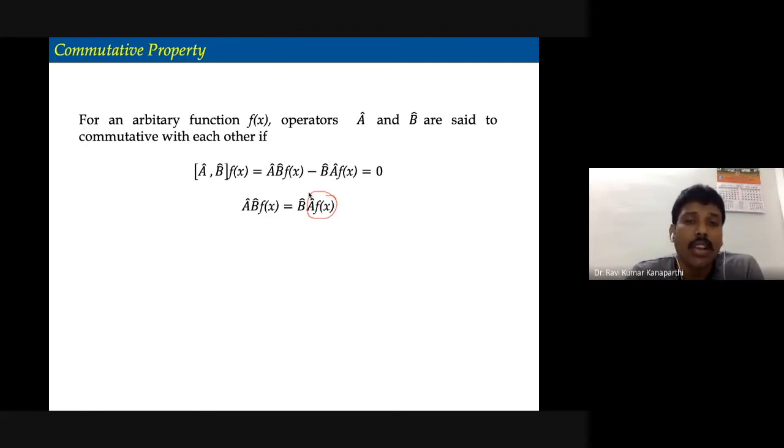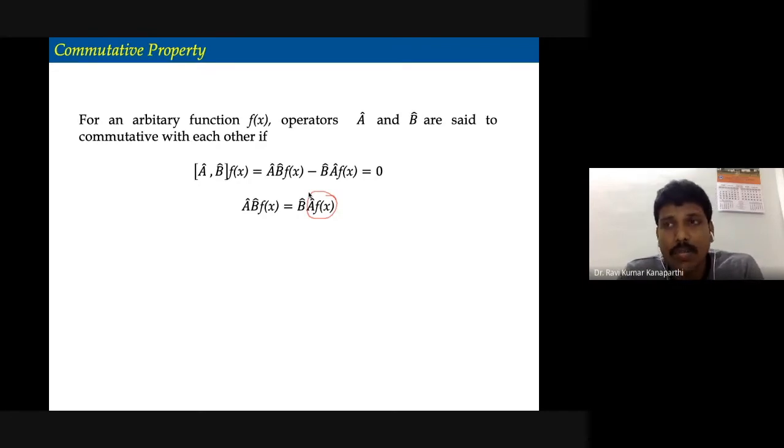Well, this is not quite obvious. Imagine two algebraic functions, say x square and x. Whether you multiply x with x square or x square with x, both are the same, so the difference is 0.